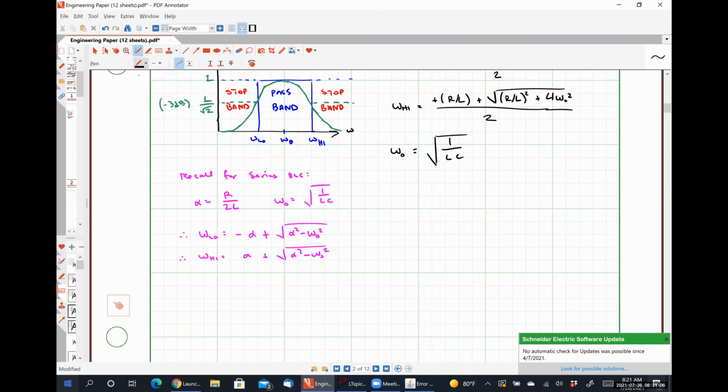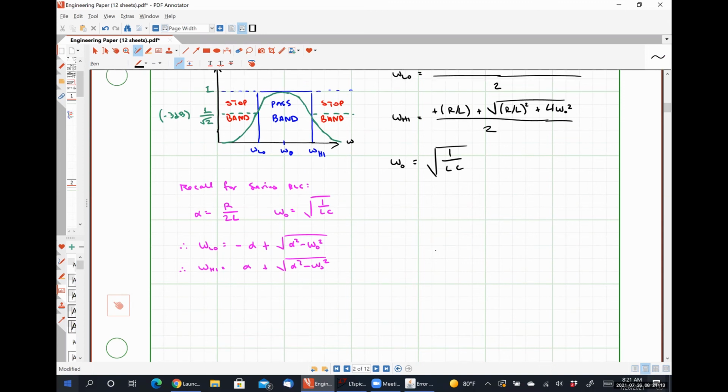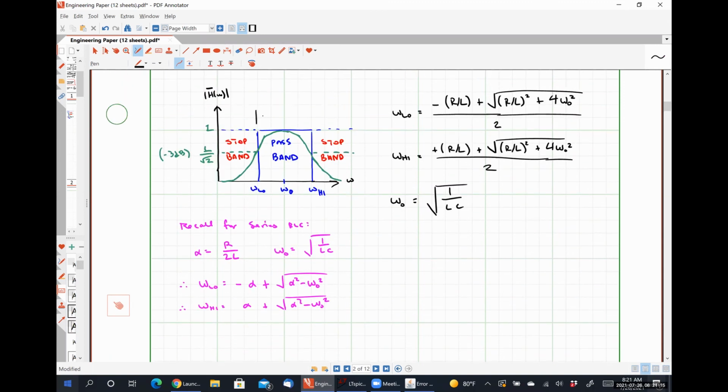Another quantity that I'd like to discuss is what's called the bandwidth. So the bandwidth is simply the range of frequencies over which this circuit is able to pass signals.